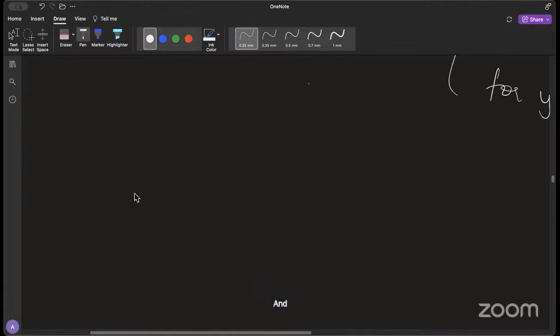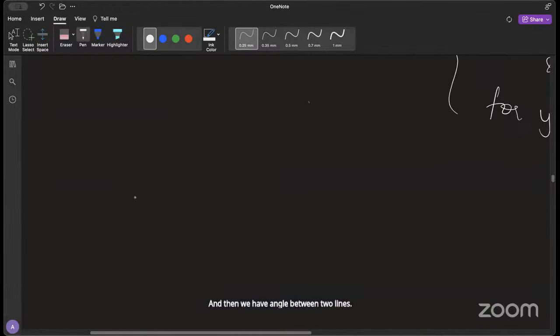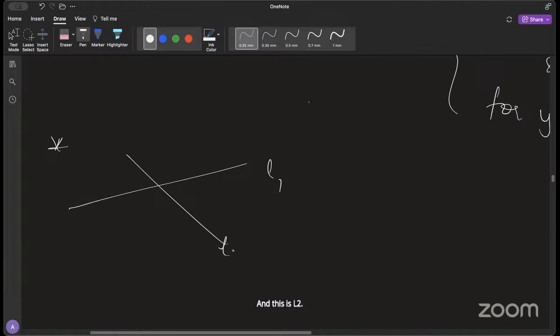And then we have the angle between two lines. So let's say you have two lines, L1 and L2, and let's say this is the angle theta.